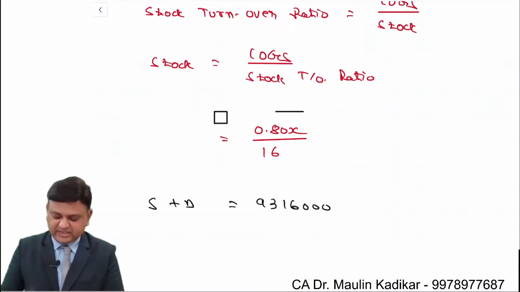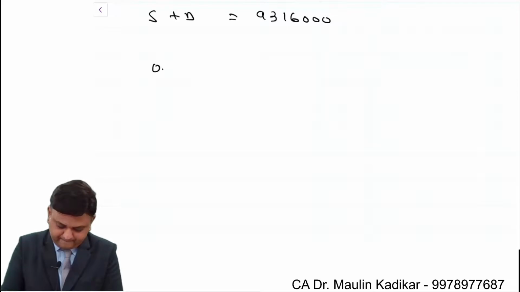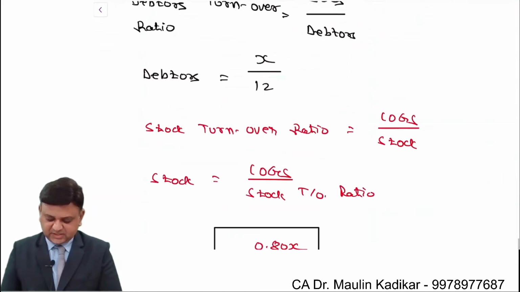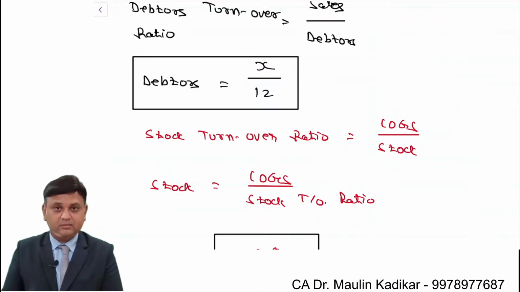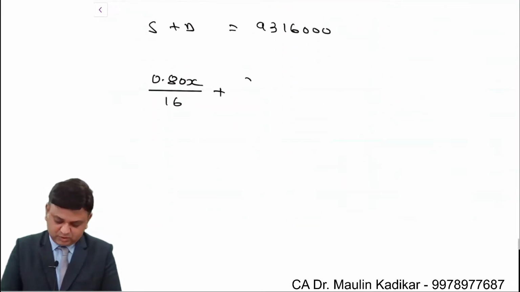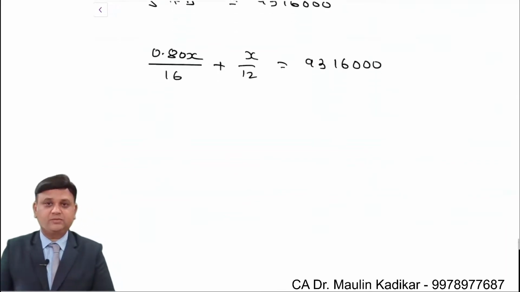It is 0.8x upon 16. What are the debtors? Debtors is x upon 12. So 0.8x divided by 16 plus x upon 12 is equal to 93 lakh 16,000.